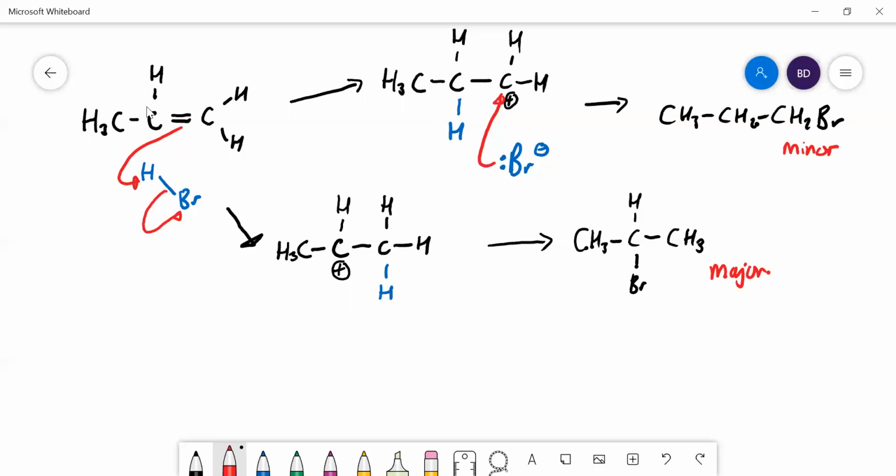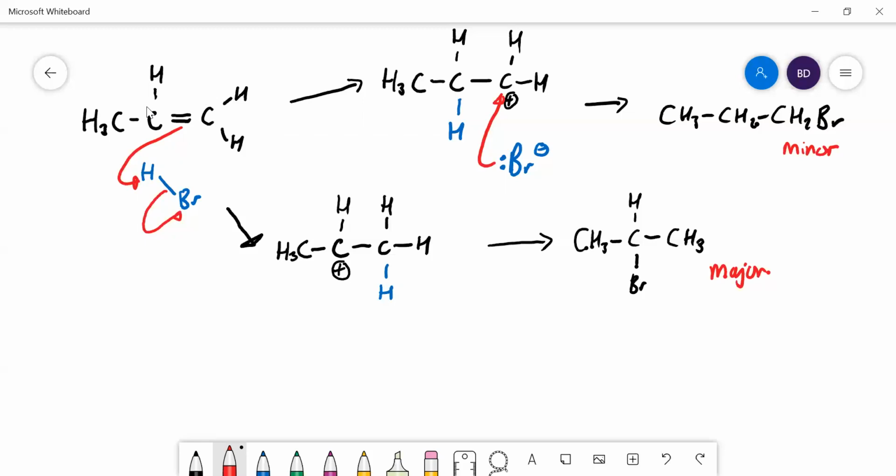This one already had 2 hydrogens, whereas that one only had 1 hydrogen, and the other hydrogen sticks onto this one because it's got more. But that's just a quick way of remembering it. It doesn't really explain anything, and we need to be able to explain it.